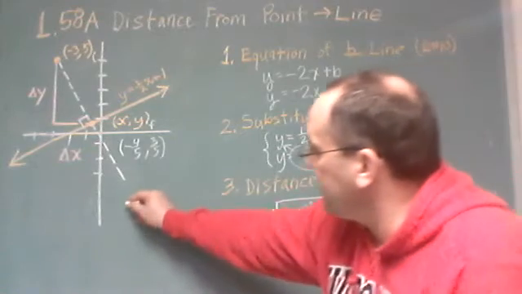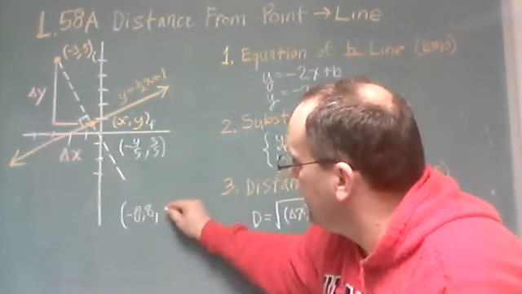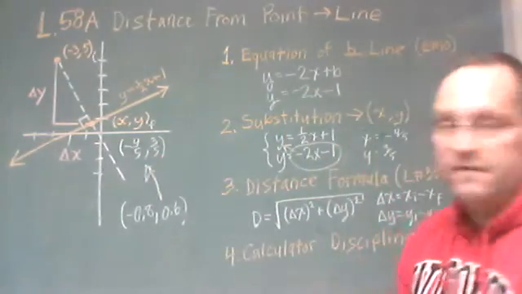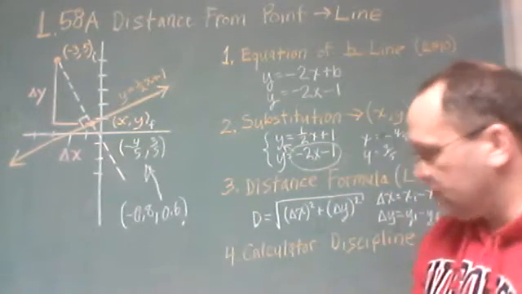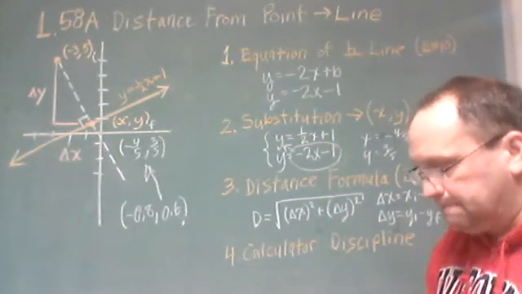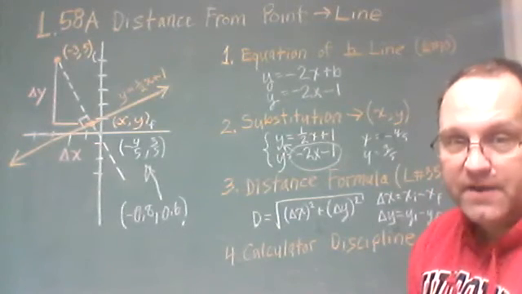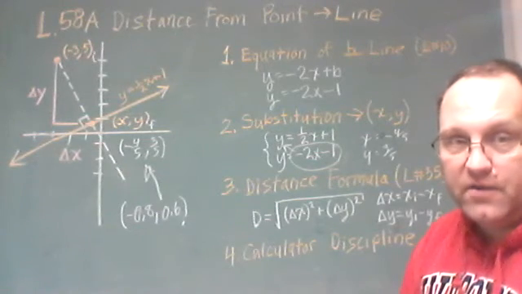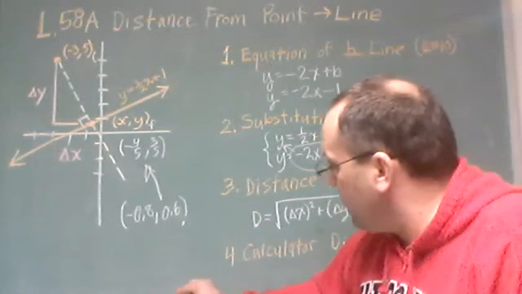Okay, so our decimal equivalents are going to be minus 0.8 and 0.6 in place of the fractional coordinates there. Okay, and so when we do that, then the next step, calculator discipline, and I'm going to recommend you go through your calculator. Each one is different, okay, and plug that in. So what does that mean?